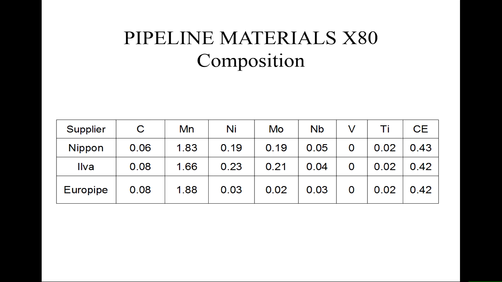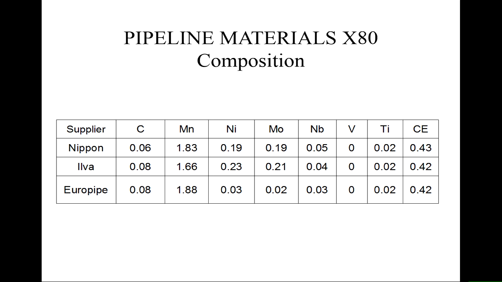So the Europipe standard and the Nippon Steel standard differ, if you look, in the amount of nickel and molybdenum. In the Europipe specifications, it's as low an alloying element content as we can get, pretty much. Whereas the Nippon Steel, they still require the nickel, molybdenum, niobium content.